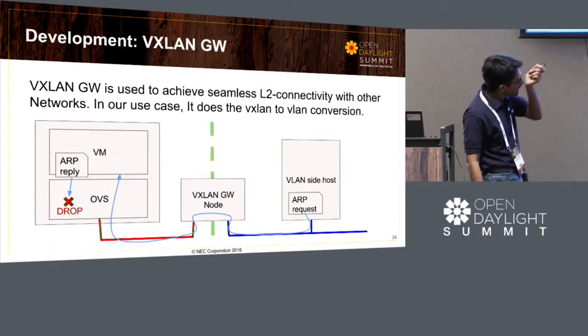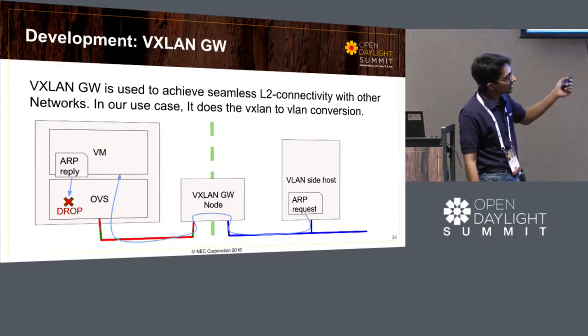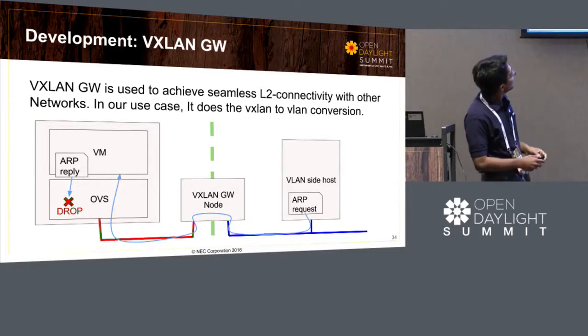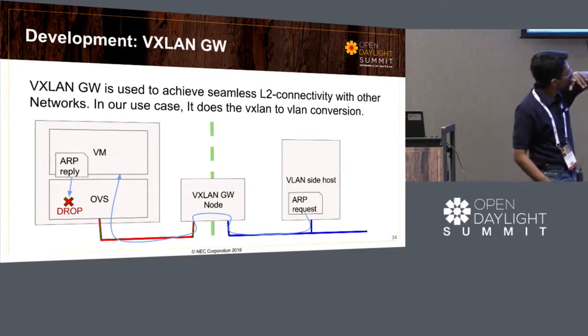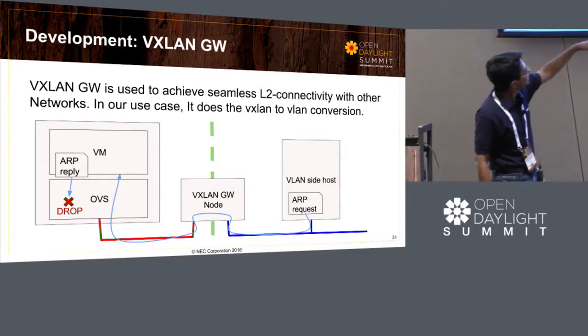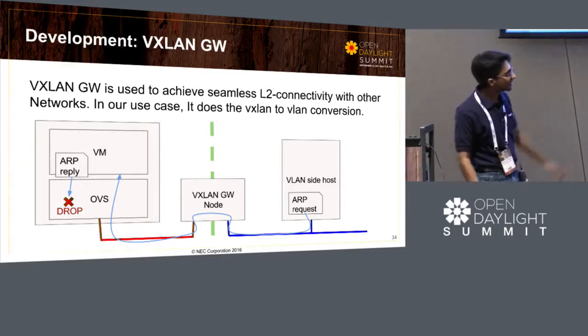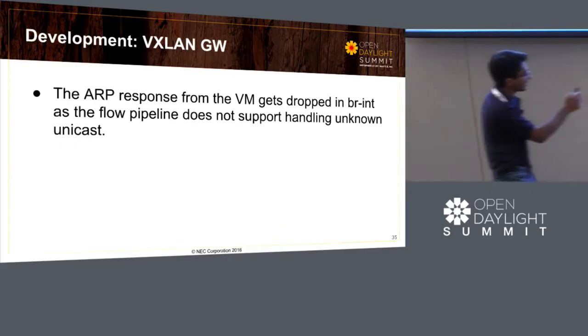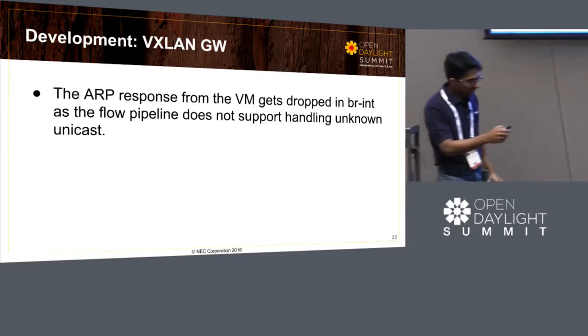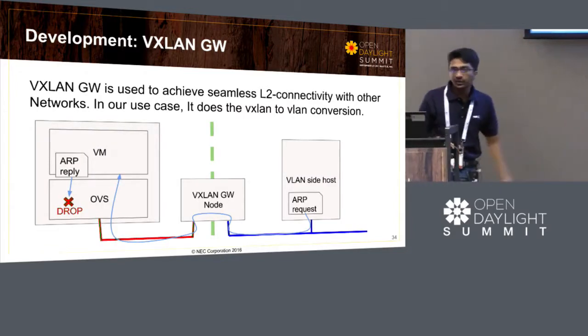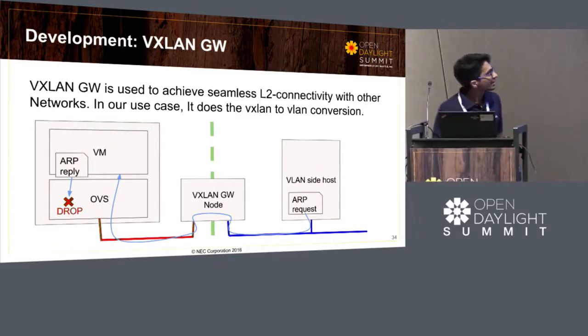Okay, so this is the other use case which we are talking about. This is basically a seamless L2 connectivity use case. The VXLAN gateway component that we are talking about is similar to the L2 gateway component in OpenStack.